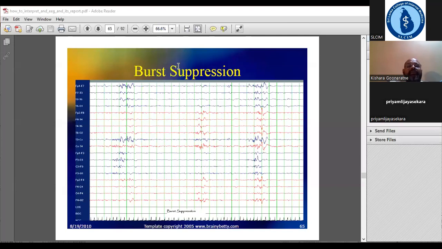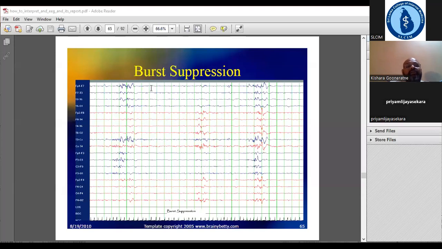So this is an example of burst suppression. You can see that there is some activity here where there is a high amplitude, say delta activity, and sharpened, so epileptiform discharges as well.